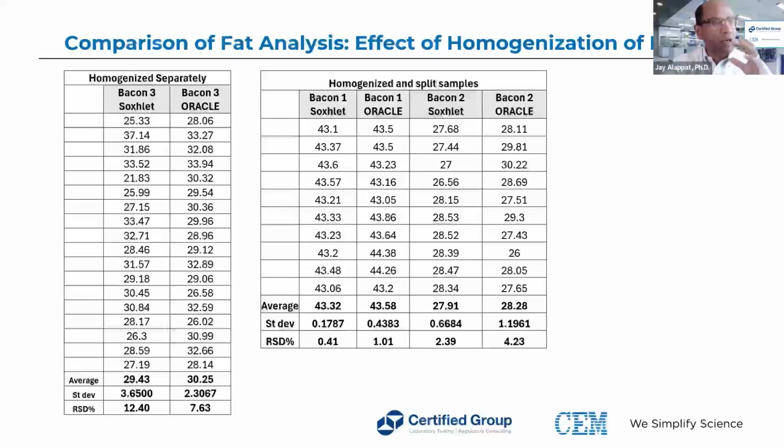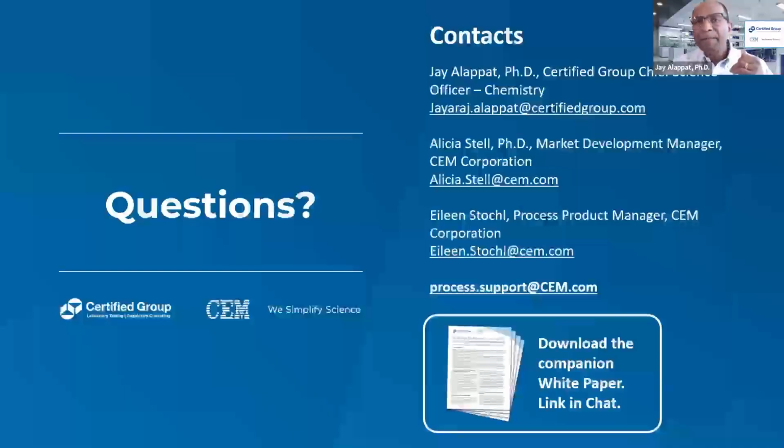In our certified group, we take extreme care to make sure the samples are prepared in a homogeneous way so that the results we produce are accurate and precise. As analytical scientists, we should always remember that the quality of the results begins with the quality of the sample. It's garbage in, garbage out. If you don't put the right sample preparation in, we are not going to get the right results. So next slide, please.